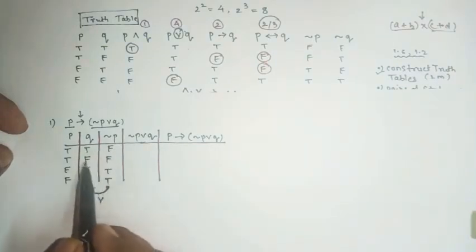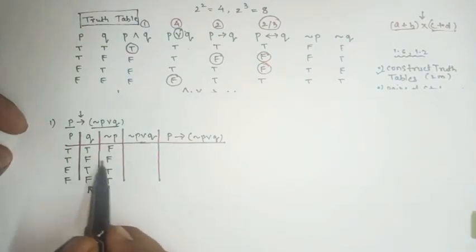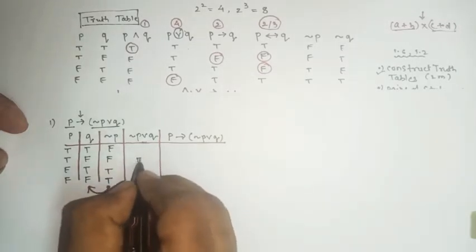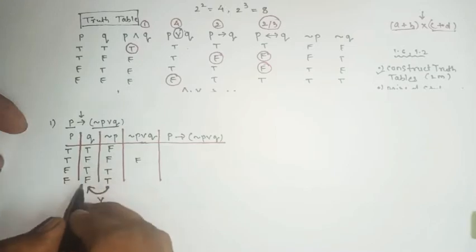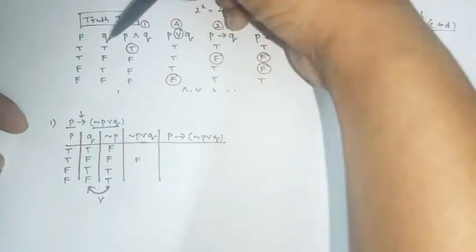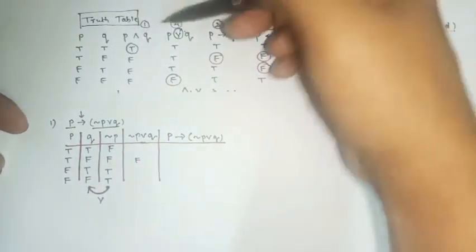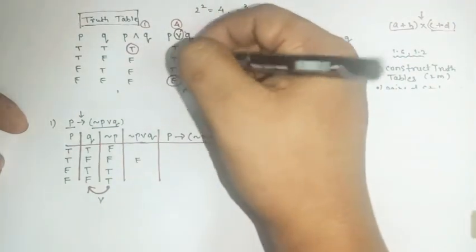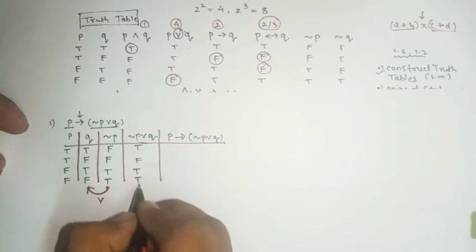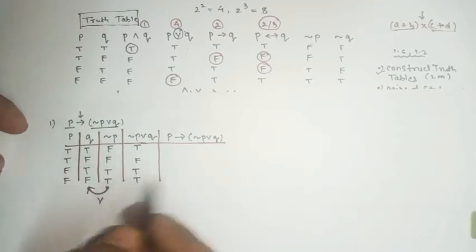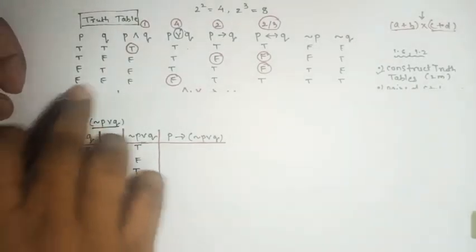Only check for false false. Where is false and false? Yes, in the second row. So false and false is false, and the rest are true false, true true, false true. All others are what? True. Either check individually, or else simply focus on false and false.